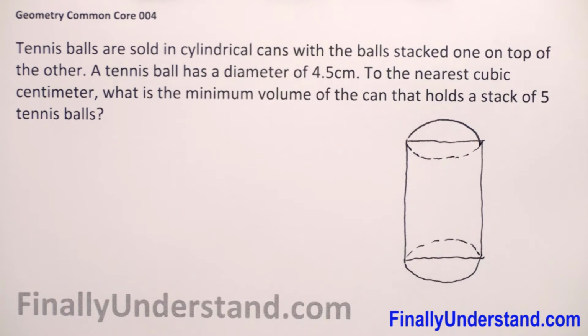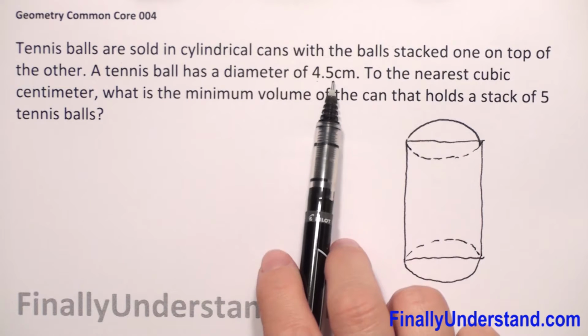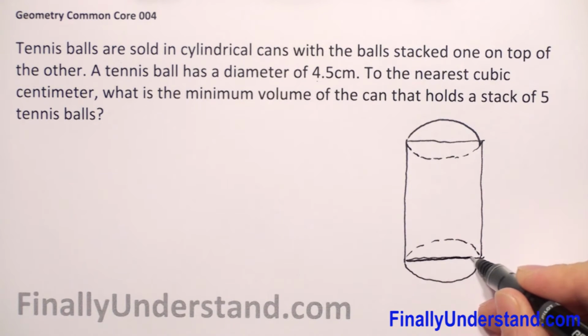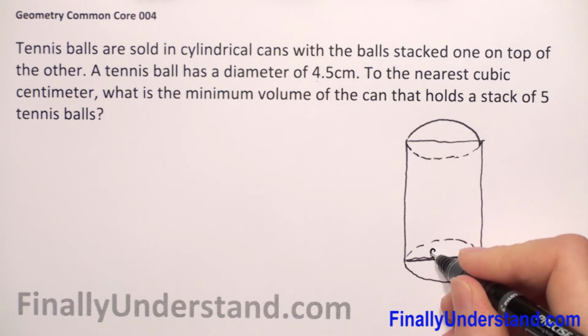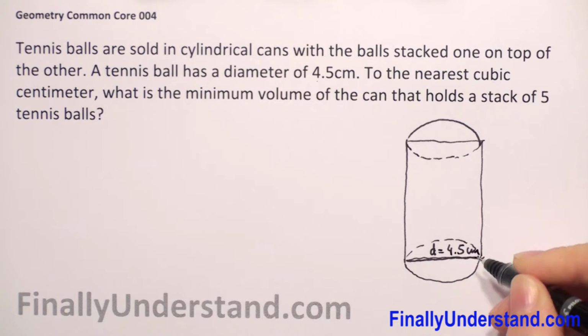What we know is that we can put 5 tennis balls into the cylindrical can, and we know that a tennis ball has diameter 4.5 centimeters. So the diameter D is equal to 4.5 centimeters.